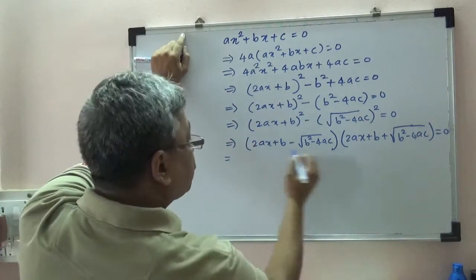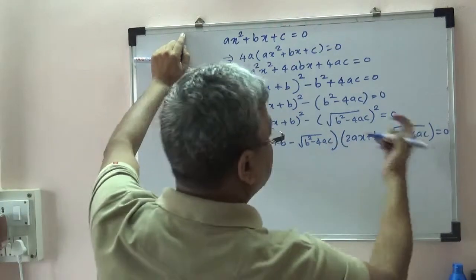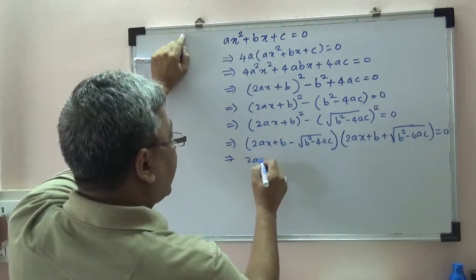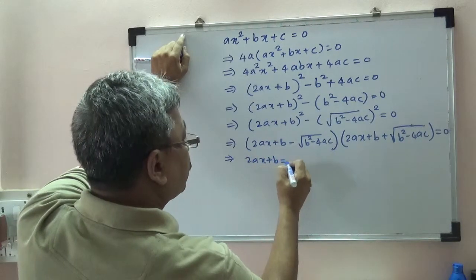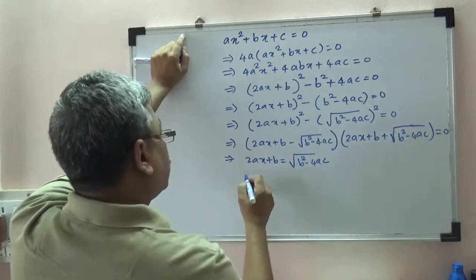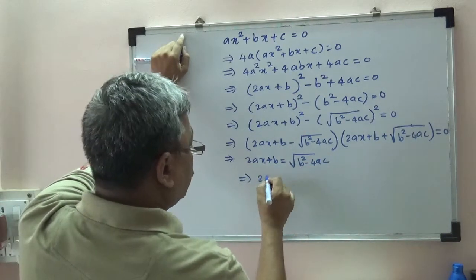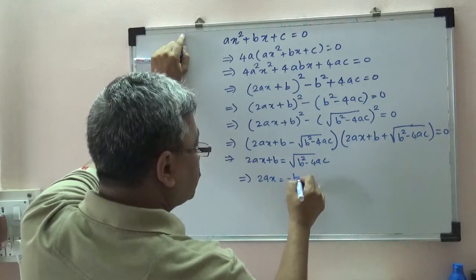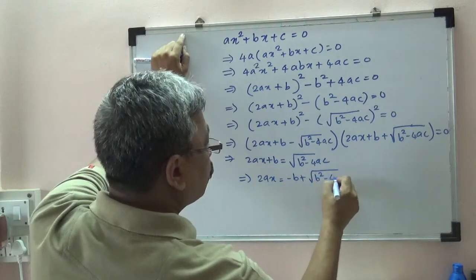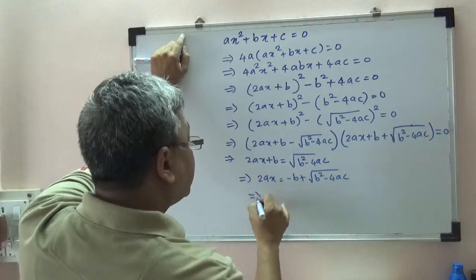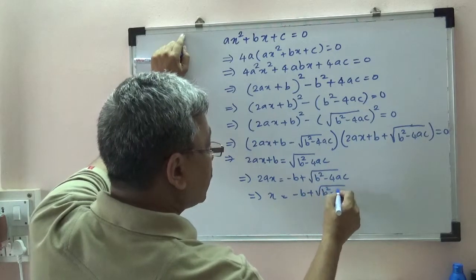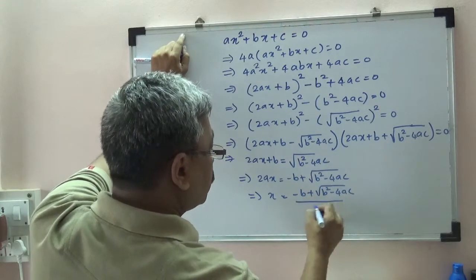This gives me this factor could be 0 or this factor could be 0, which implies 2ax + b is equal to root of b square minus 4ac. This implies 2ax is equal to minus b plus root of b square minus 4ac, which implies x is equal to (minus b plus root of b square minus 4ac) upon 2a.